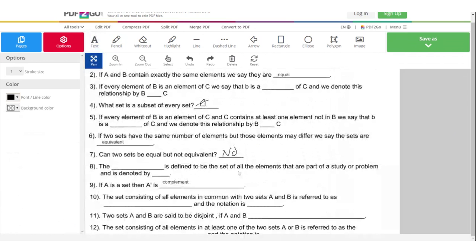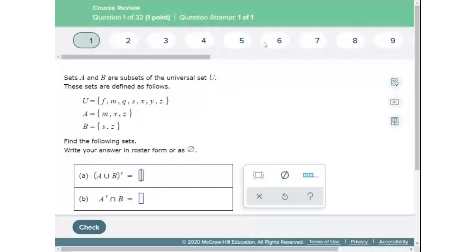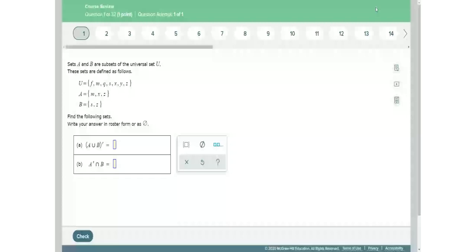Like I said, I probably wouldn't start with this one if I were you. I would use this one first. Over here, it's called the course review. You had a midterm review, and then there's the course review.